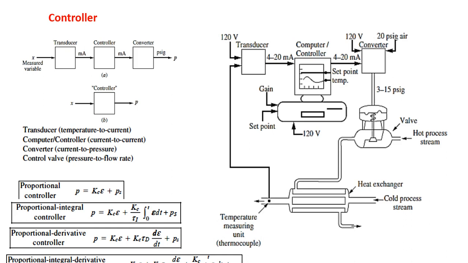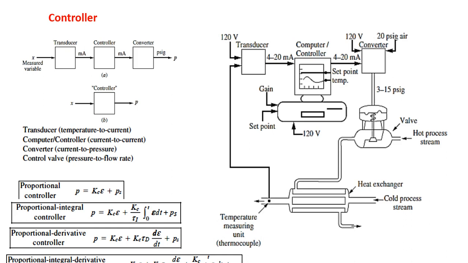Now the controller compares the input, the measured value, with the desired value. It produces an error, which is represented over here as epsilon. Proportional means whatever the difference of the error is, that will become the decision value for the final controlling element. Clear?